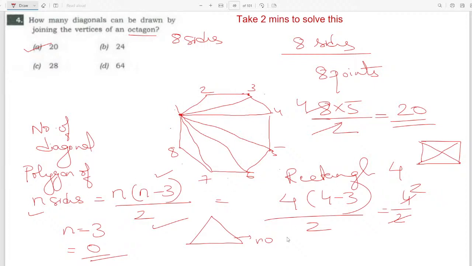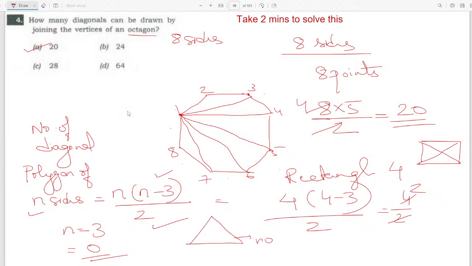No, the formula is for any polygon. Yeah, that's what I've shown you here. For a rectangle, if you put the formula here, the number of sides is n. So 4 into 4 minus 3 by 2. 4 minus 3 is 1. 4 by 2 is 2. So a rectangle has two diagonals.